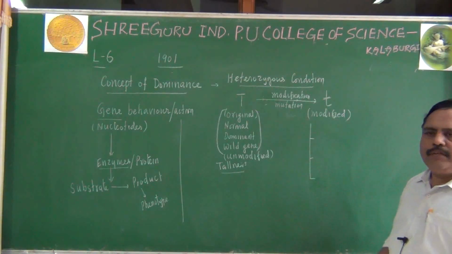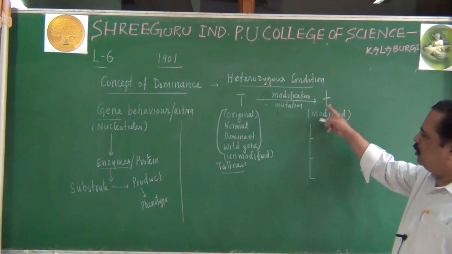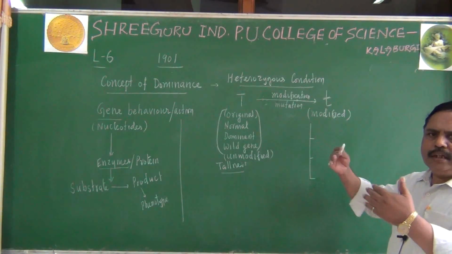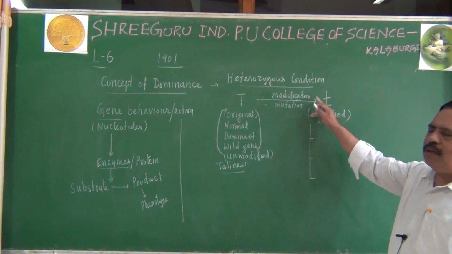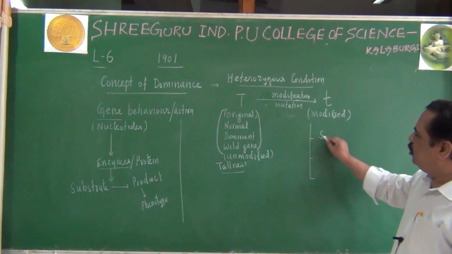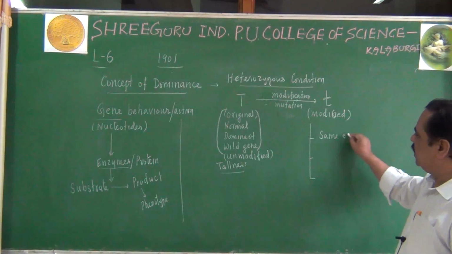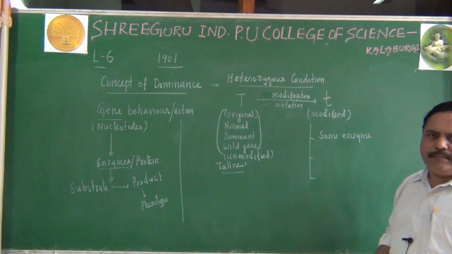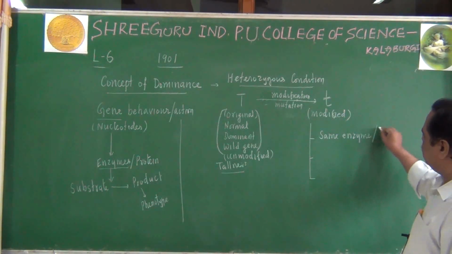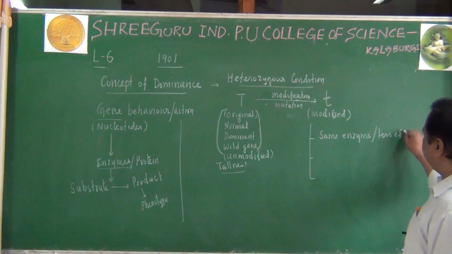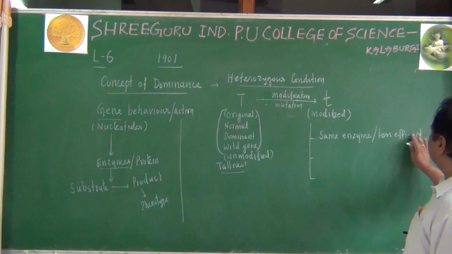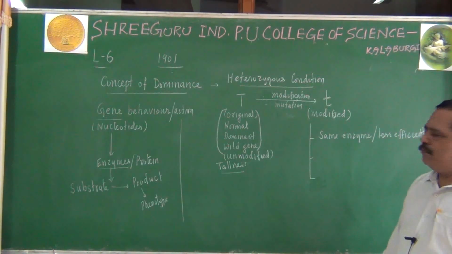First method will be, because of modification, when the degree of modification is somewhat less, it may produce the same enzyme. Sometimes it may produce the same enzyme only, or otherwise it may produce a less efficient enzyme. It will produce a less efficient enzyme. Okay.